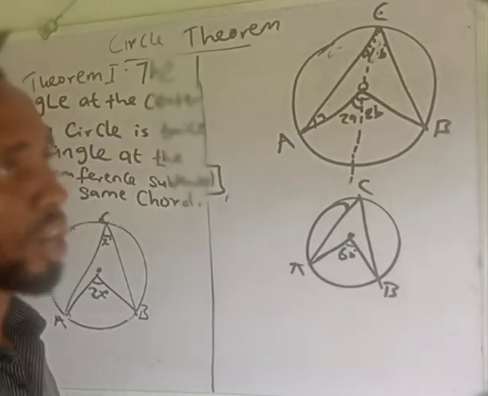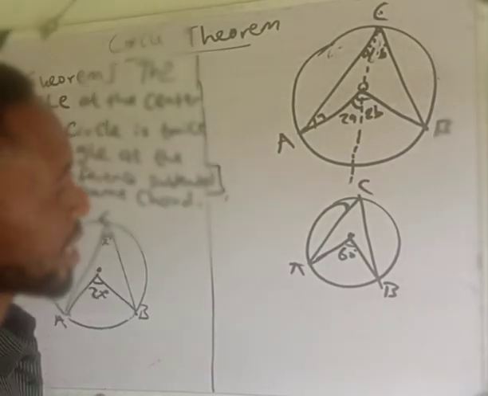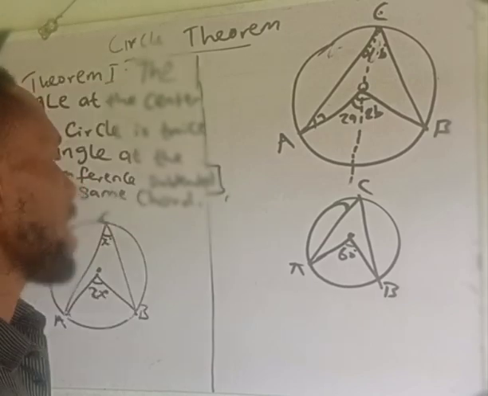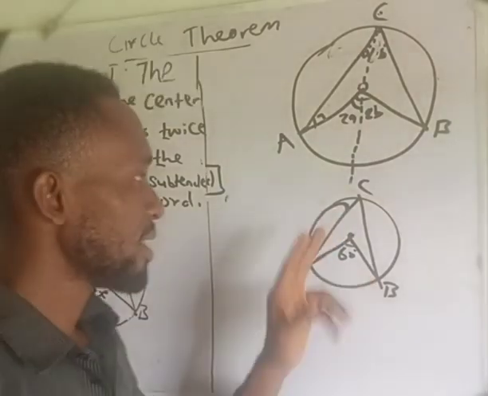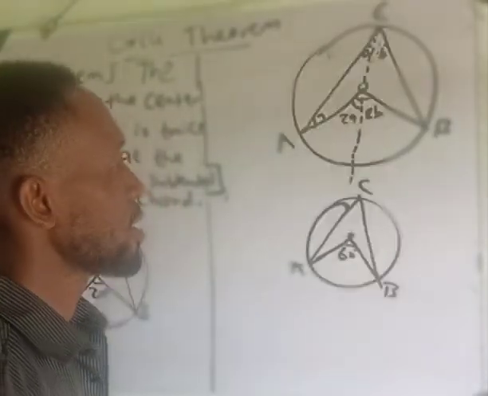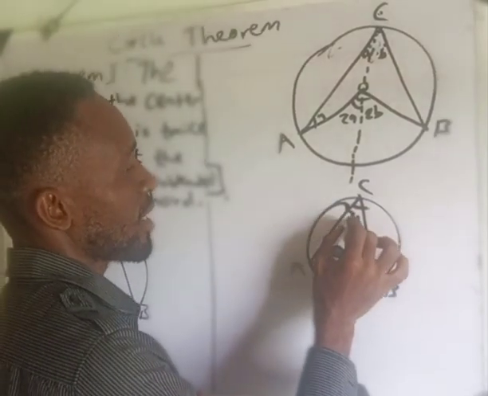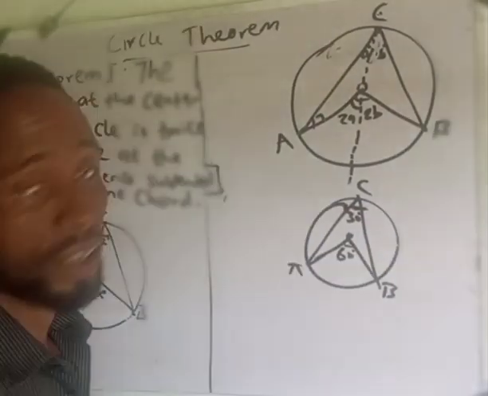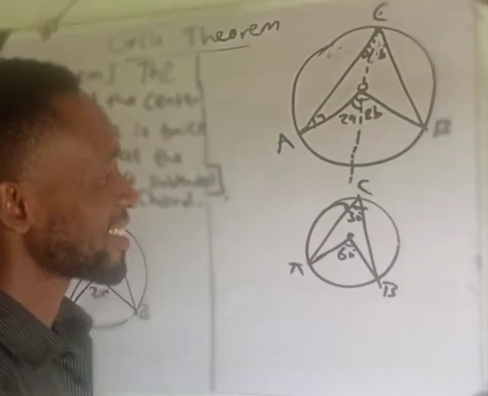This question can come in any way, right? They can ask you, what angle does this arc subtend at the circumference? If this is 60, it means that it subtends 30 degrees here. Is that okay?